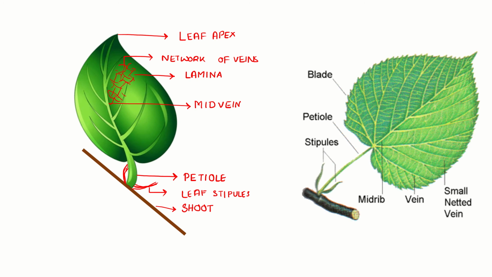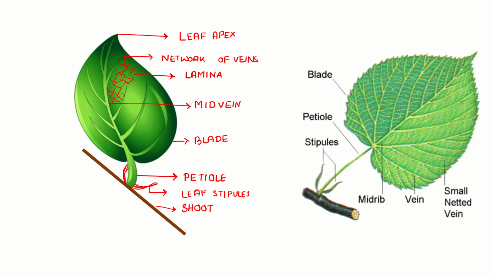Now see, now look at this. Yes, we did not mark this. This is the leaf blade. See, this is the basic structure of a leaf.